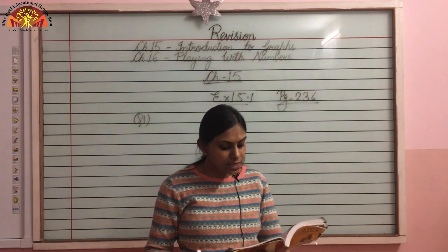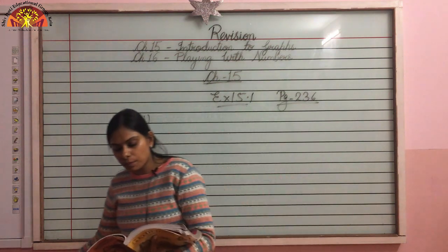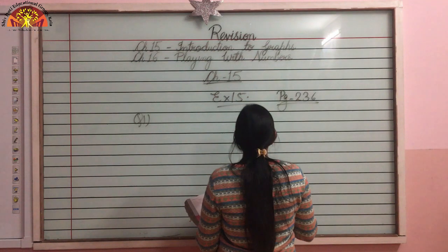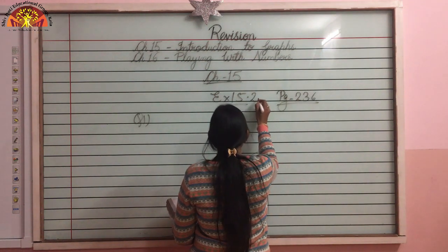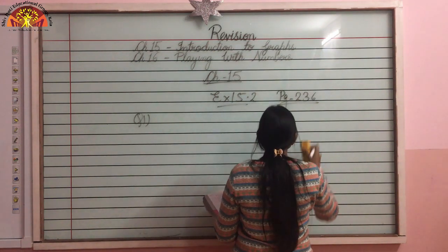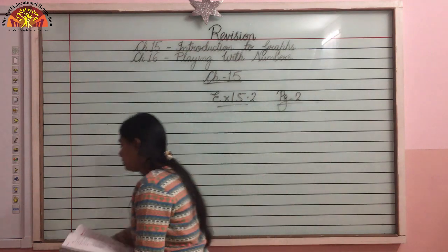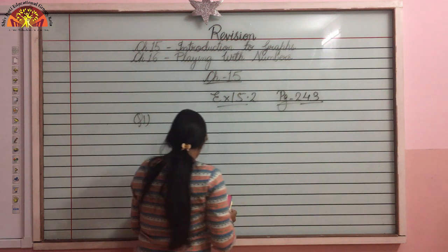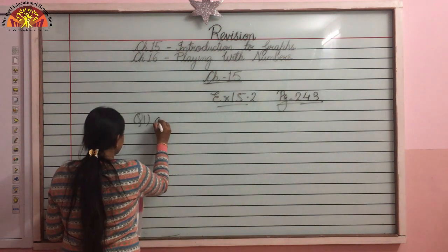Okay. So now just see the first part, that is question number 1, A part. Okay. So please go through the question. It's exercise 15.2, page number 243. So question number 1, A part.